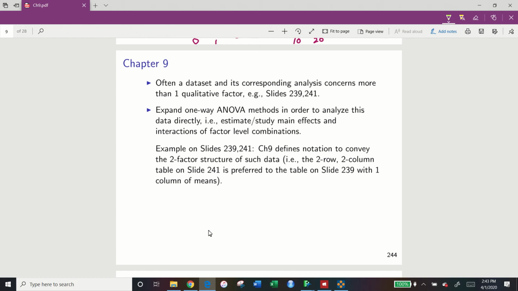So, for example, on slides 239 and 241, Chapter 9 defines notation to convey the two-factor structure of such data, where we had the 2-row, 2-column table on slide 241. This is the preferred way as opposed to how we showed the data in slide 239.